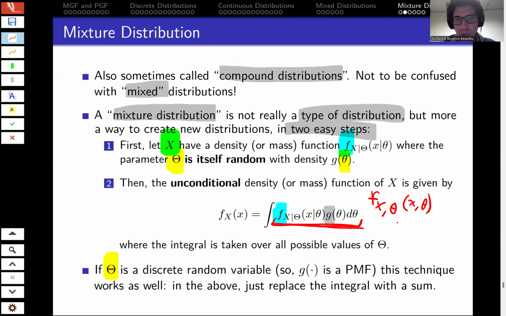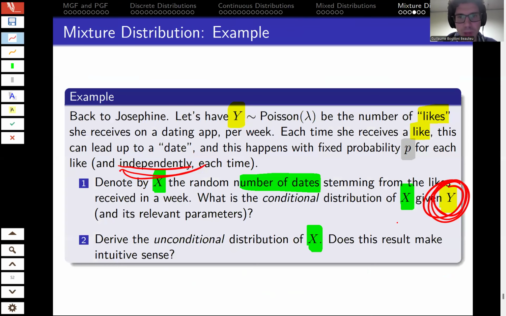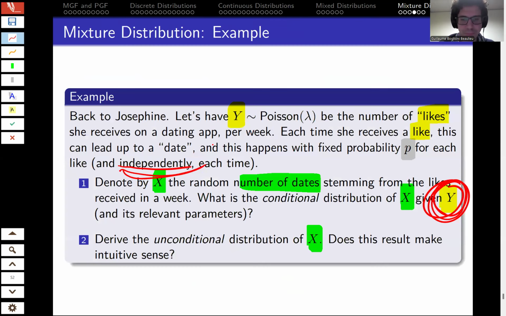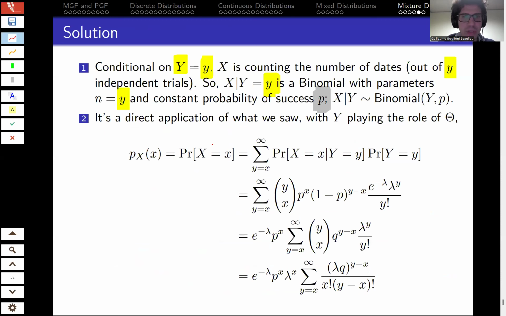So everything is discrete in our example. But this illustrates that it works for either discrete or continuous. Both the x and the theta can be either continuous or discrete. Here we have two that are discrete. Okay, let's do the calculation.